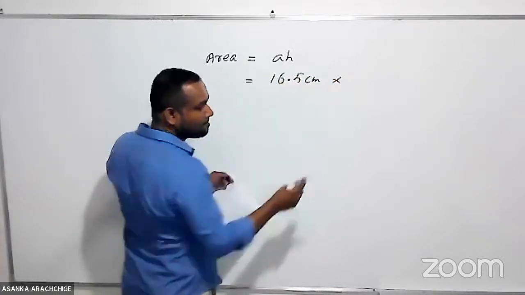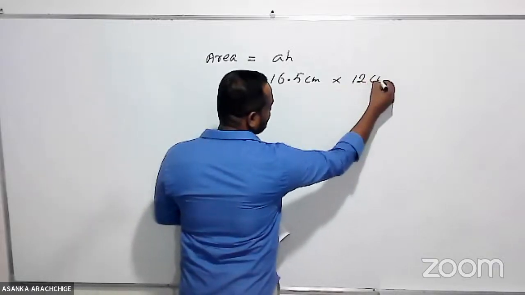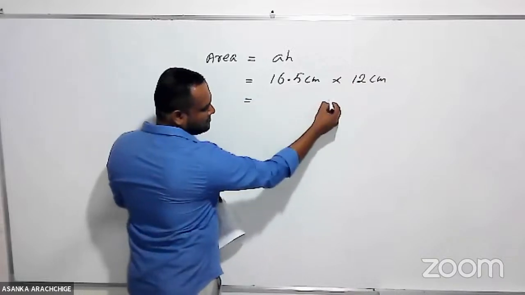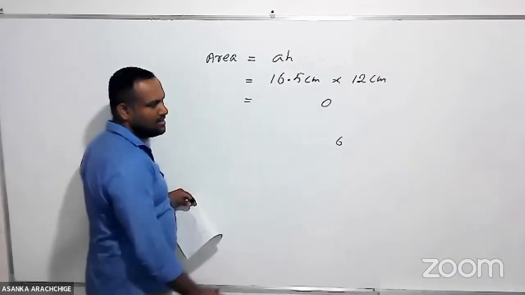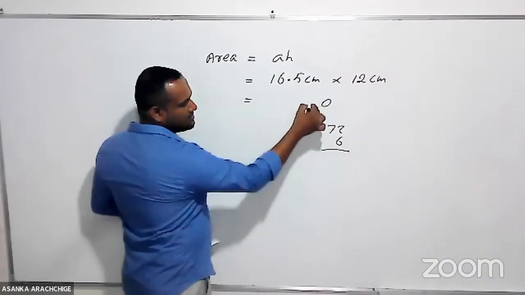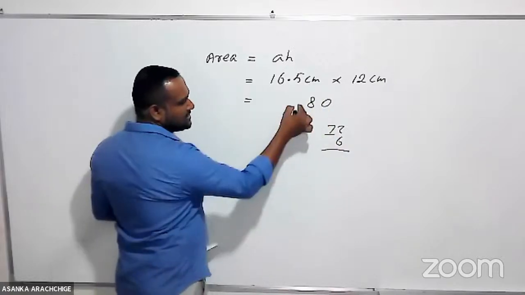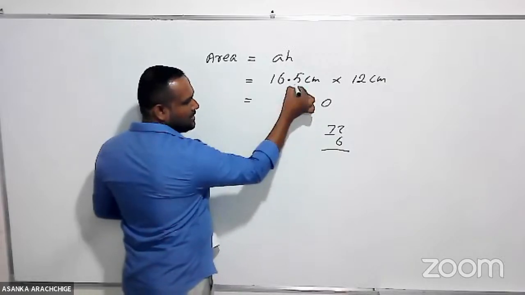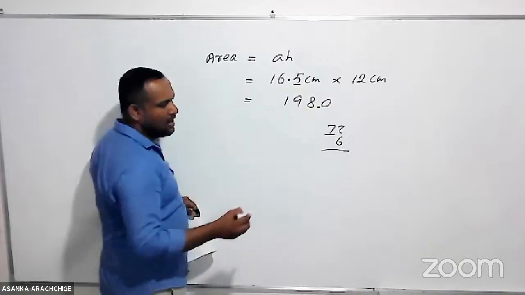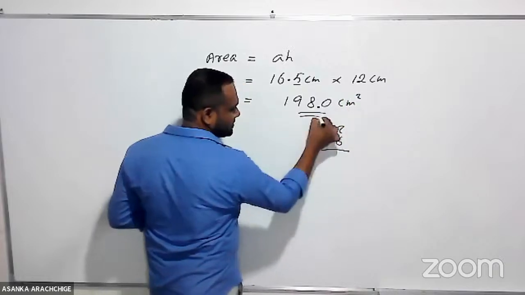H is 12 centimeters. 198 square centimeters. 12 times 5, 60, 6 remaining. 12 times 6 is 72 plus 6, 78. 7 remaining. 12 times 1, 12, 7, 19. Separate one decimal place. Answer: 198 square centimeters.